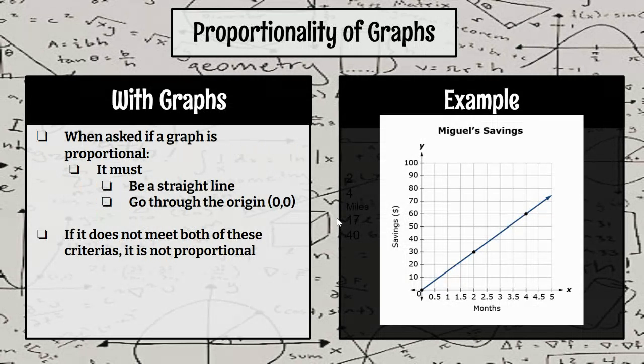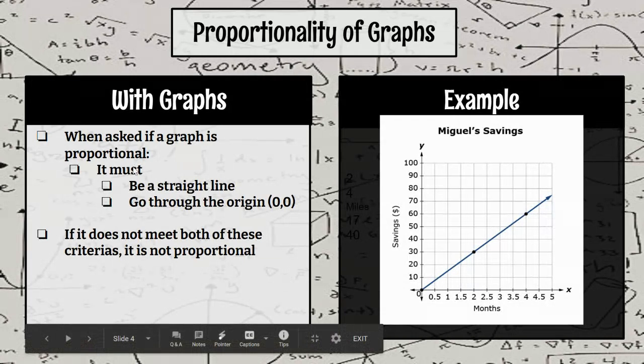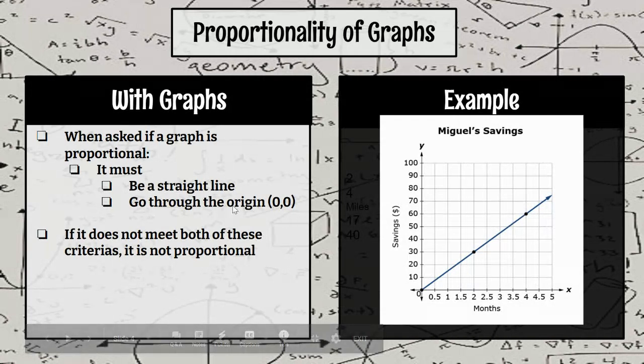The last one that we're going to talk about is graphs. We have not talked about this before. We graphed yesterday, but now we're going to be asked to look at a graph and determine if it is a proportional relationship. This is one of the easiest ones because all you have to do is ask yourself two questions. When you're looking at a graph and you're asking yourself if it's proportional, it has to be a straight line and it has to go through the origin.